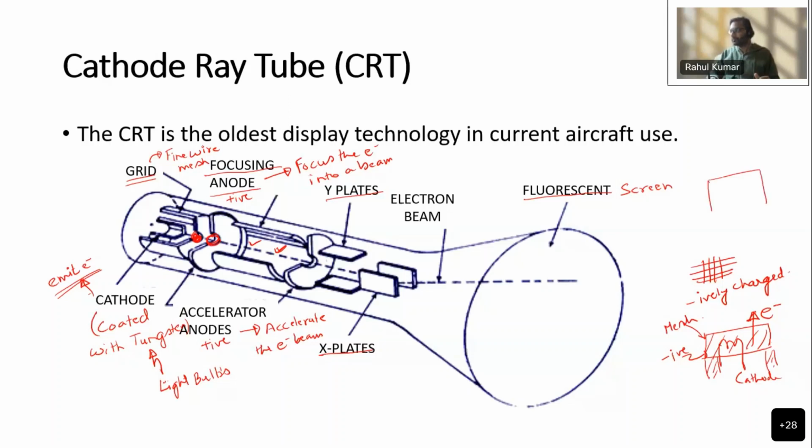For example, you have this screen, and to focus the electrons here, then here, then here, you have to adjust the electron beam along the X and Y direction. So these X and Y plates will adjust the electron beam along the X and Y direction.